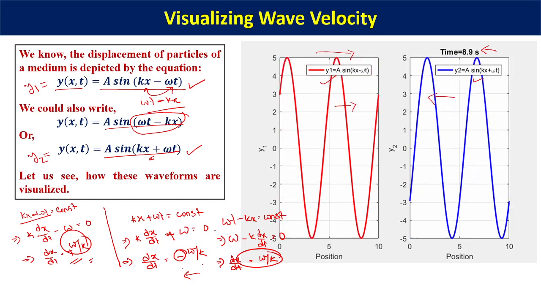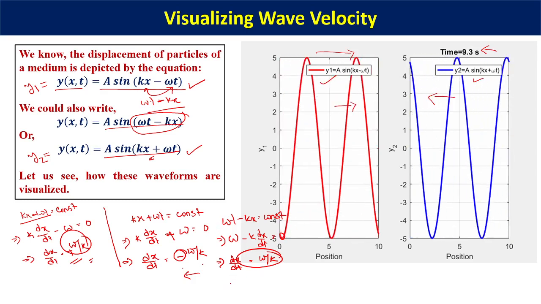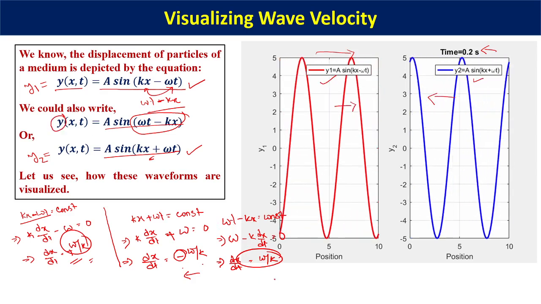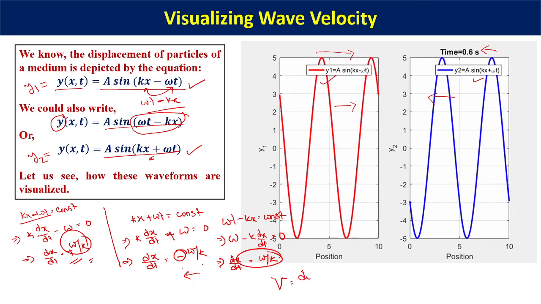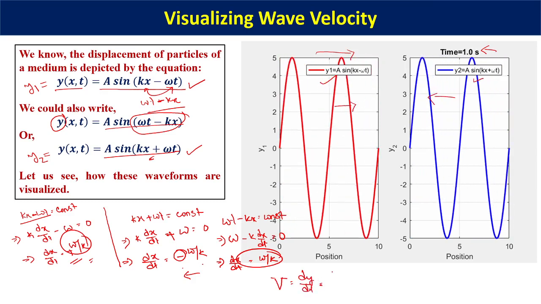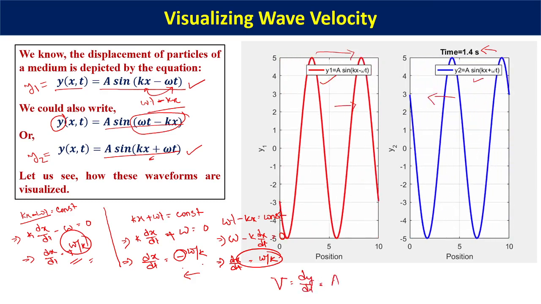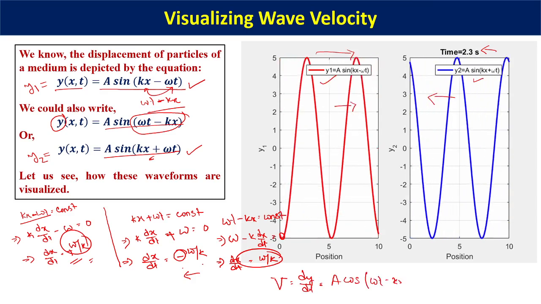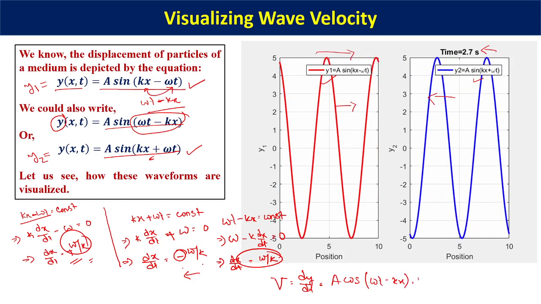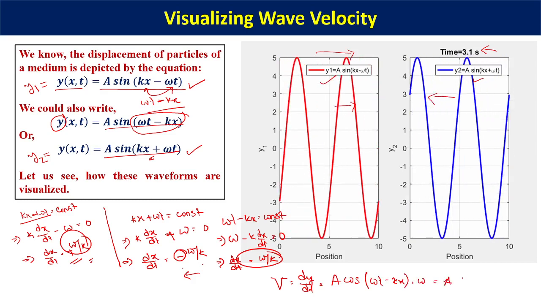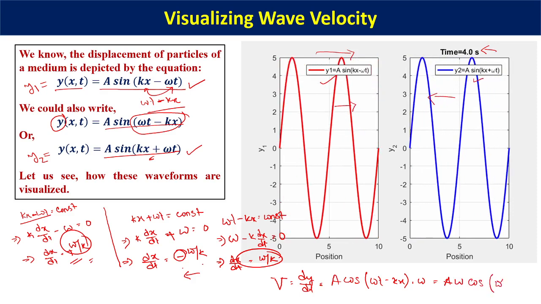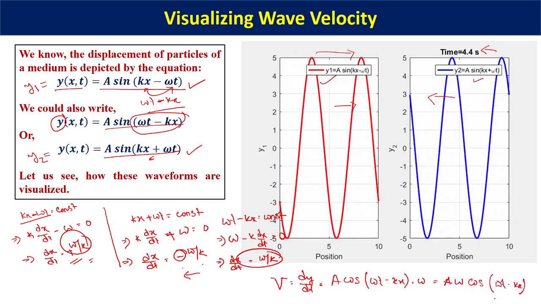Where you will see the change is whenever you take the time derivative of y. That means you will find the velocity of the particle, and you will write dy/dt, that will give you a cos of omega t minus kx into omega, or I can write a omega cos of omega t minus kx.